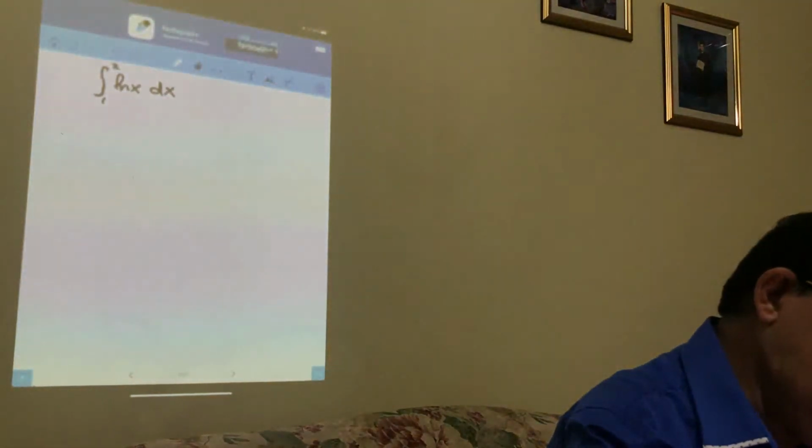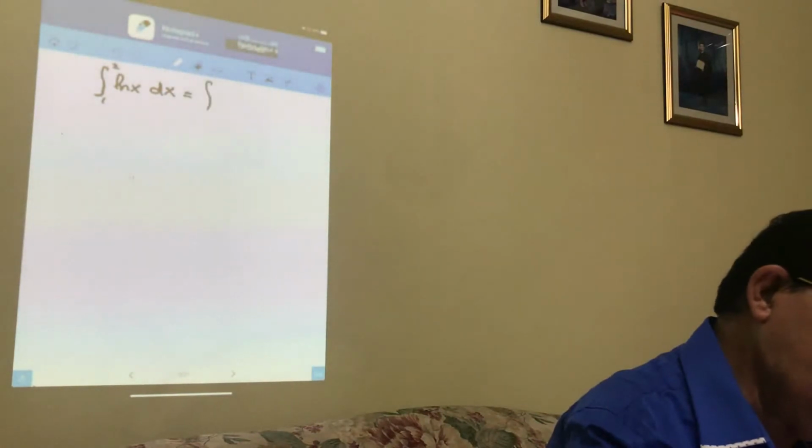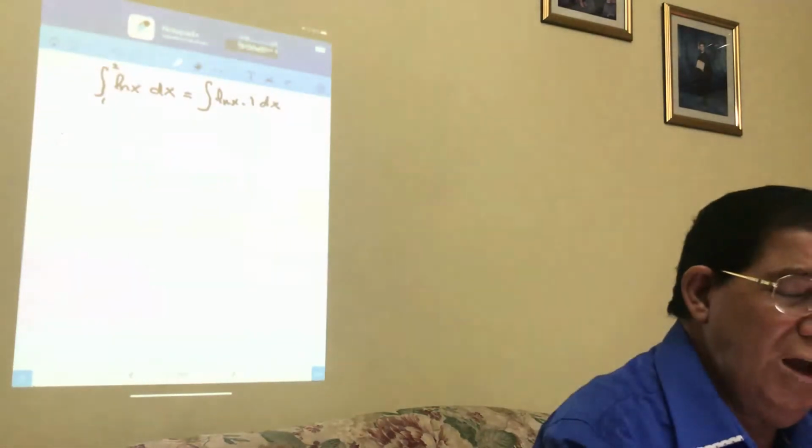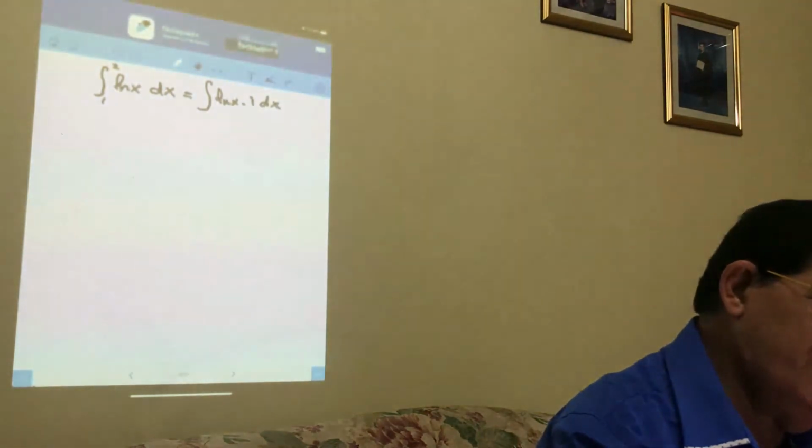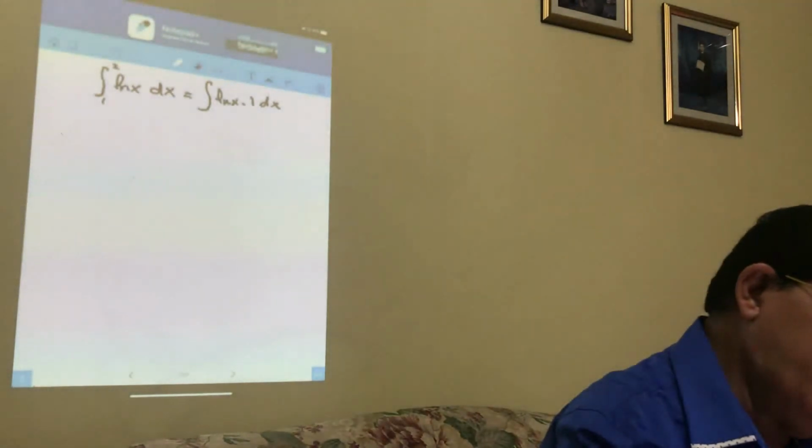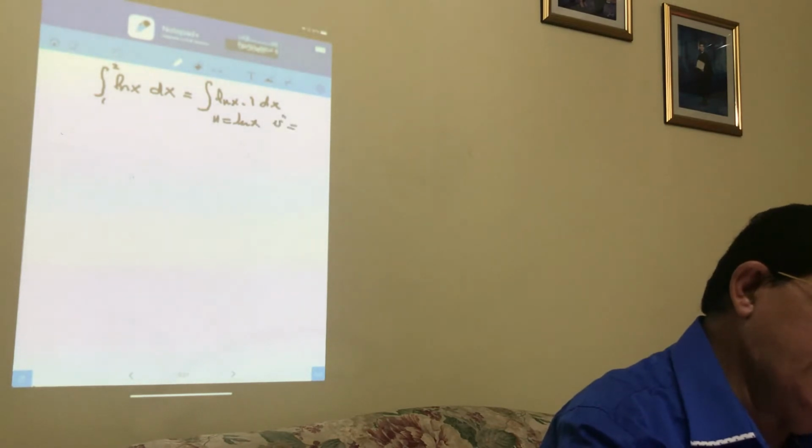We say this is equal to the integration of ln x times 1 dx, and we do it by parts. We consider the first term u is ln x and v dash is 1. u dash is 1 over x and v is x.